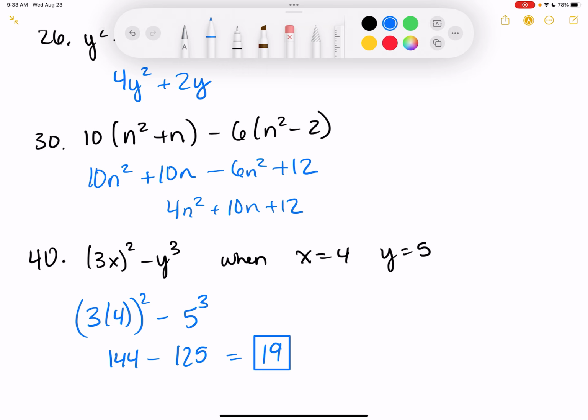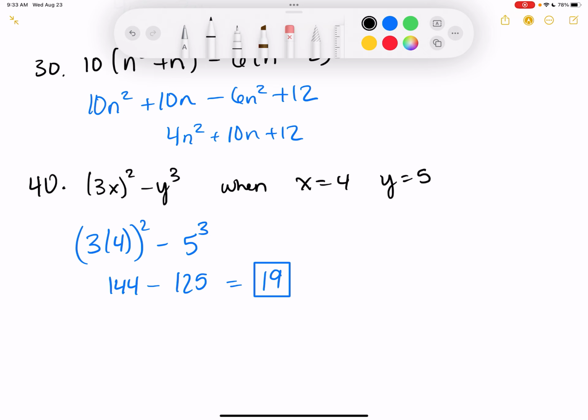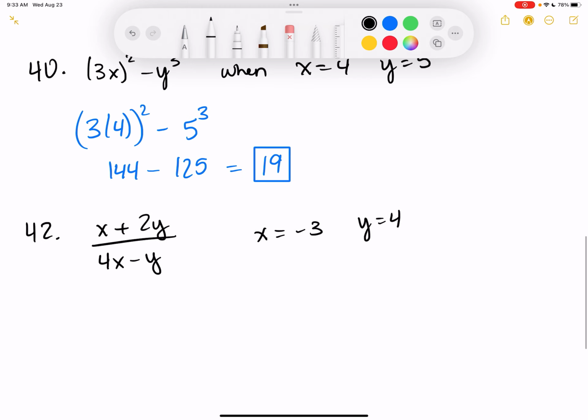All right, number 42: x plus 2y divided by 4x minus y. X is equal to -3, y is equal to 4. All right, so -3 plus 2 times 4 over 4 times -3 minus 4.